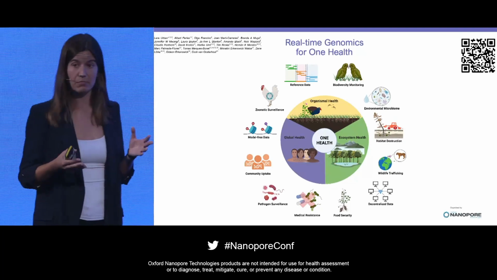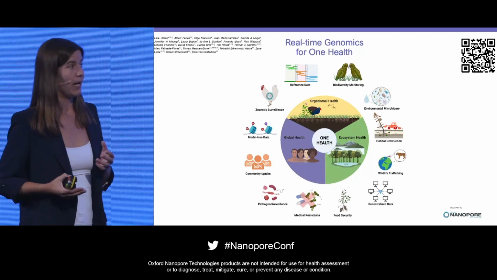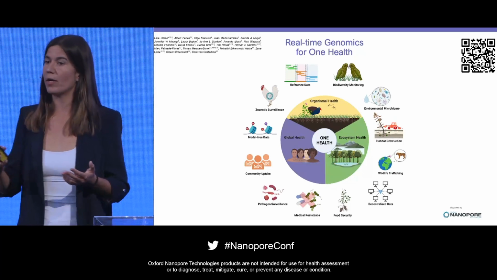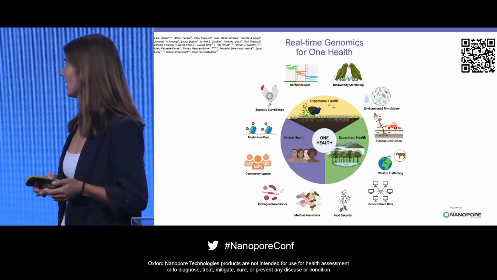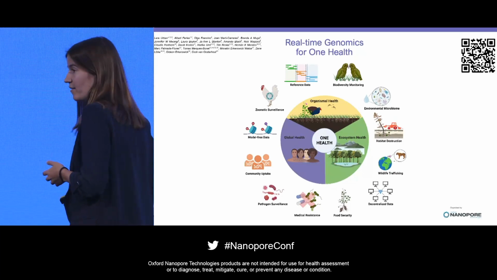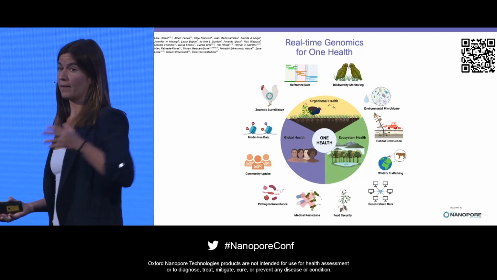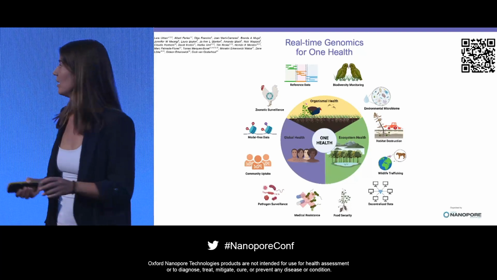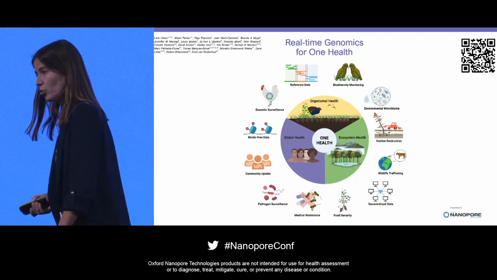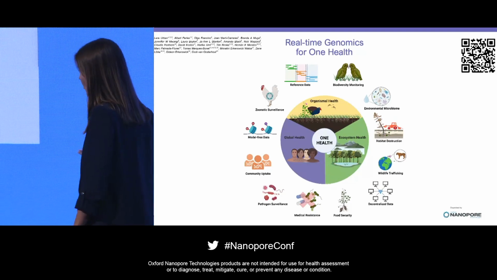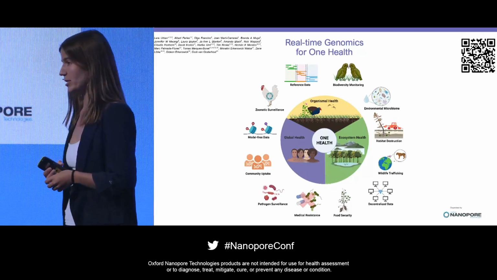We can assess the environmental microbiome and check how anthropogenic impacts such as habitat destructions change our environmental microbiome and therefore its functions. We can monitor wildlife trafficking, more in terms of thinking about human society and human health, which we have heard a lot about today already.